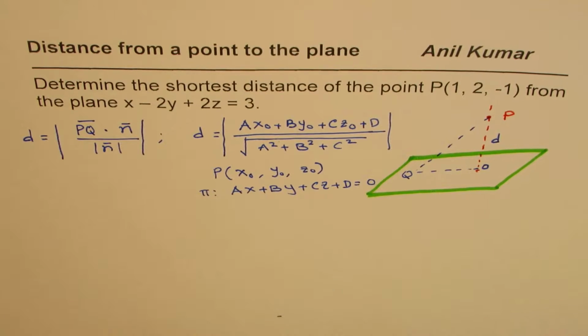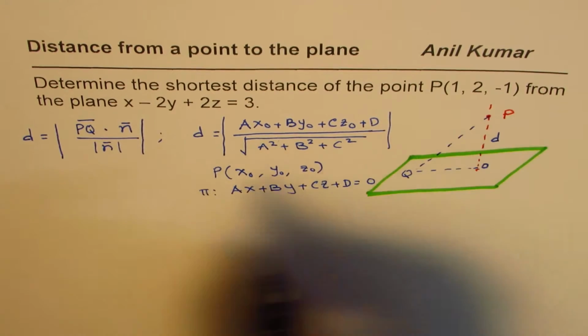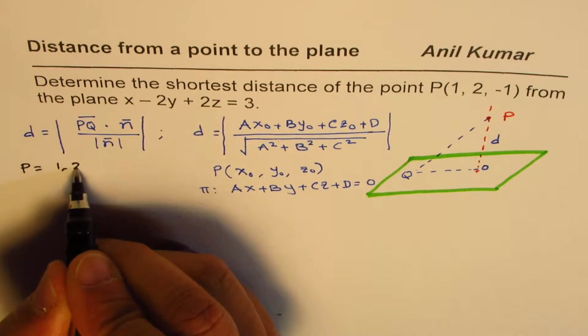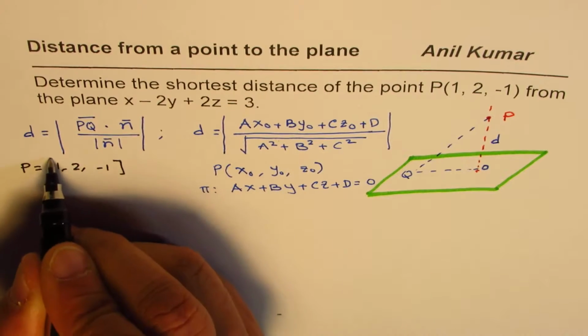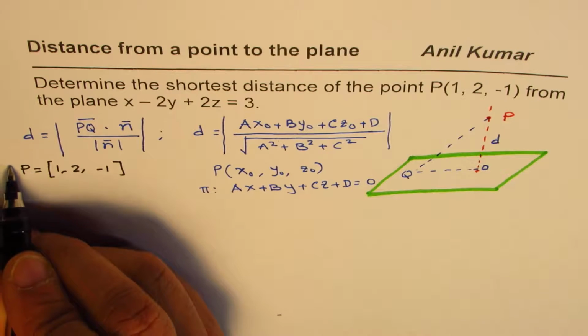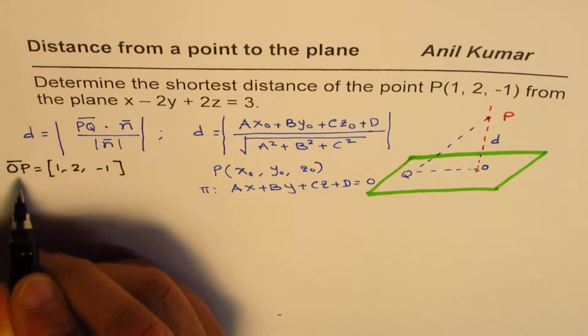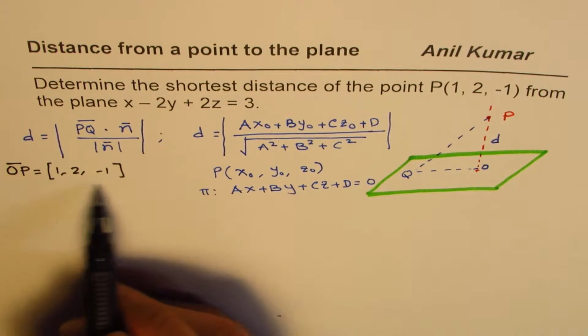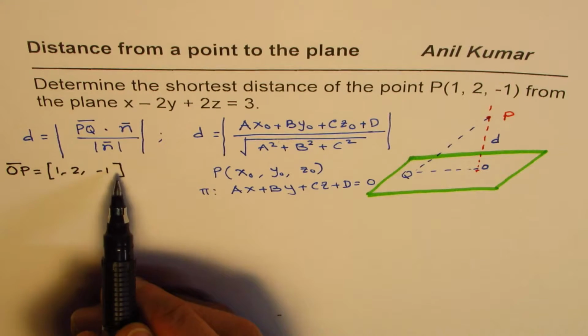Now, to begin with, we are already given the point P, which is 1, 2, minus 1, right? Now when I write like this, let me write vector OP. From the origin, this becomes the position vector, right?